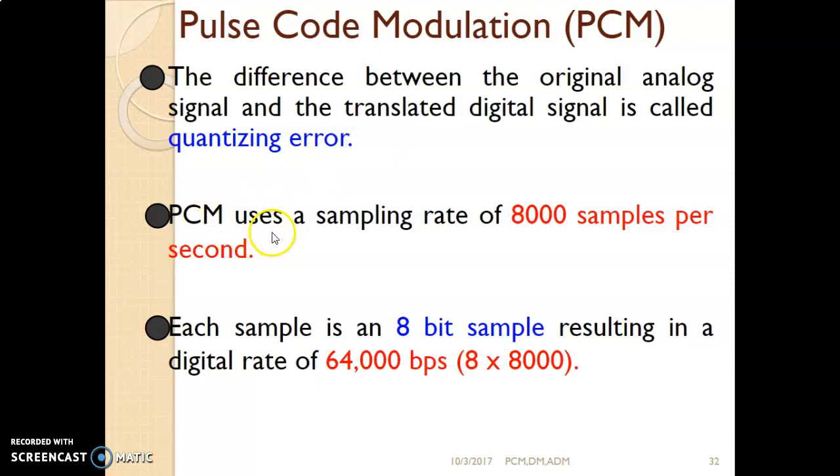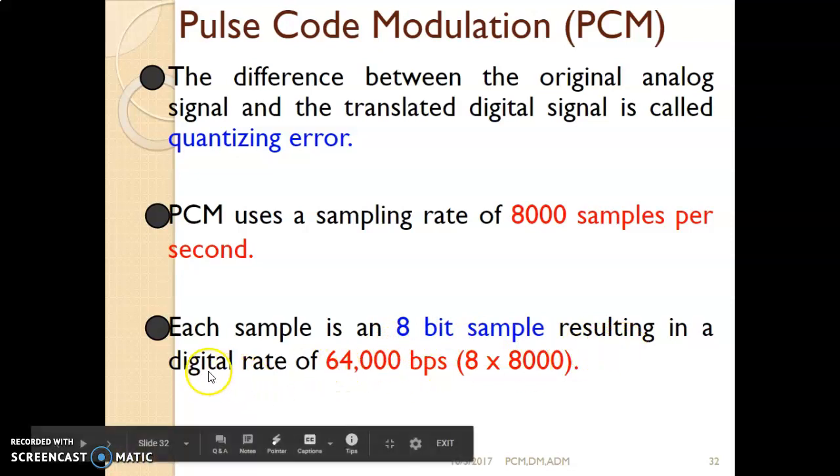Pulse code modulation is going to use a sampling rate of 8,000 samples per second, and therefore each sample in the PCM is represented by an 8-bit sample, resulting in a digital transmission rate of 64,000 bits per second, which comes from 8 bits per sample, and you are going to sample the PCM signal at 8,000 samples per second.